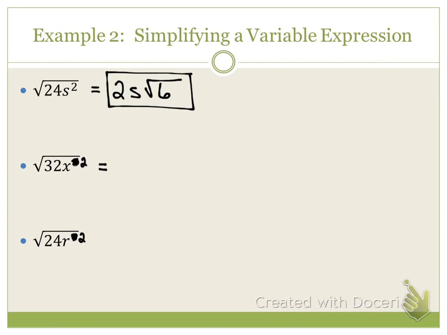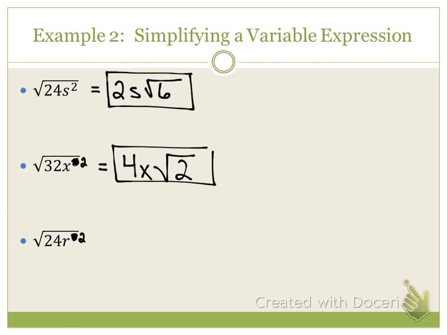It's just x. So my answer is going to be 4x times the square root of 2. Okay, I pull out the square root of x squared, which is x, and then the square root of 32 is 4 times the square root of 2, so that's how I came up with my answer. I want you to try the third one on your own.